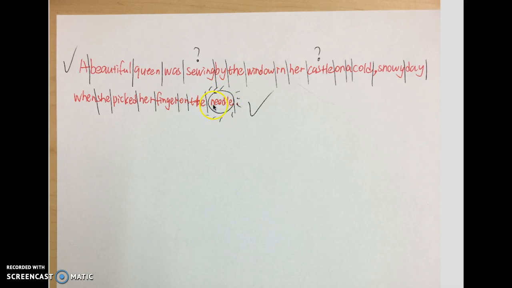And if needle is a new word we learned recently, they put a sun mark around it. The two checks mean, oh, I understand what this sentence talks about. But if I put an exclamation point, that means I don't know what this sentence talks about.